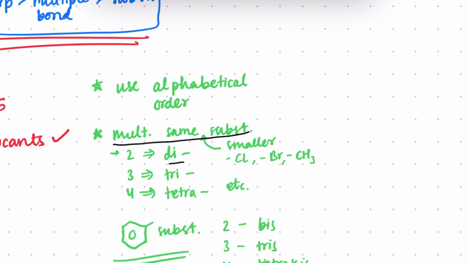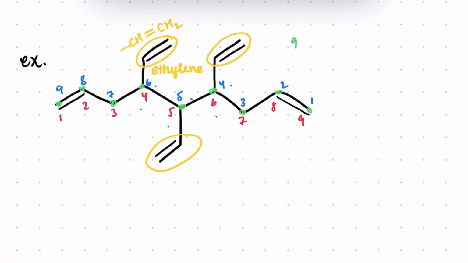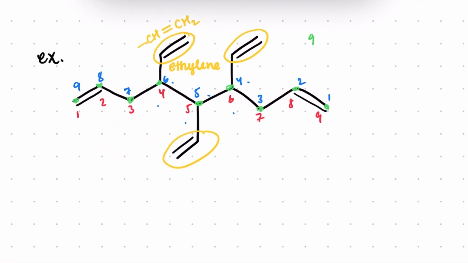Since in this case we have 3 ethylenes, we'll have to use tri. So let's go back to our compound and figure this out. We've got 4, 5, and 6, and 3 ethylenes. So we're going to write 4, 5, 6-triethylene. This is our prefix.